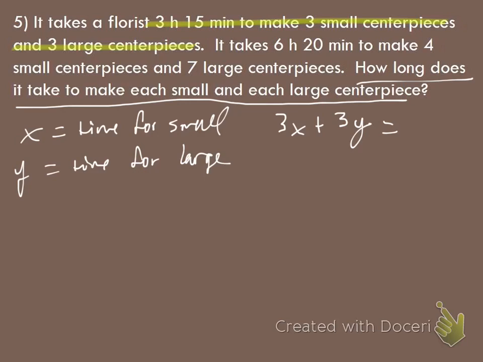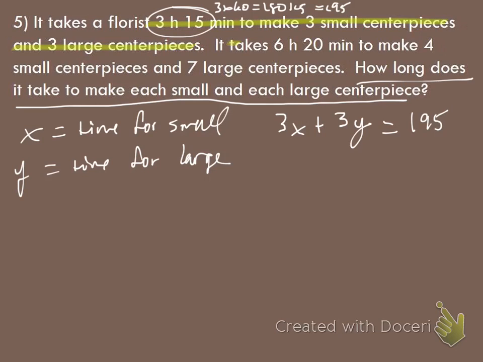So we could make it a decimal, I suppose, in terms of the number of hours. But I think it's easier to convert this into minutes. 3 times 60 is 180, plus 15 minutes is 195 minutes. So this has to equal 195 minutes.